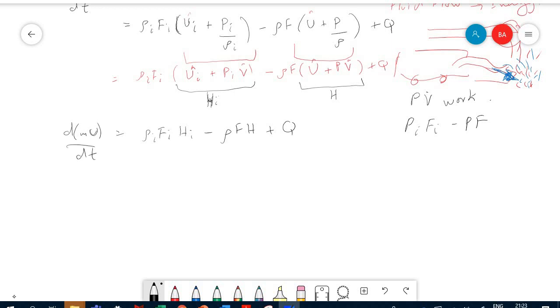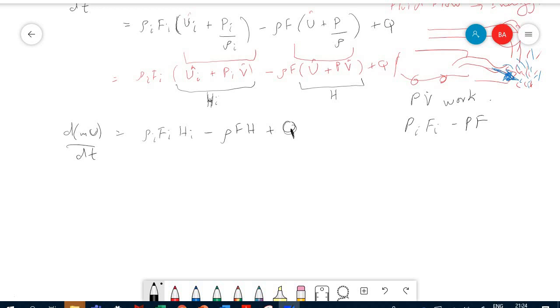And what we have, dmu by dt, is equal to rho I fi hi minus rho fh plus q. Don't worry about q. We are going to look at q in a moment. But that is as simple as the term looks. This is the term that we do have here. Well, we want to go one step forward as well.